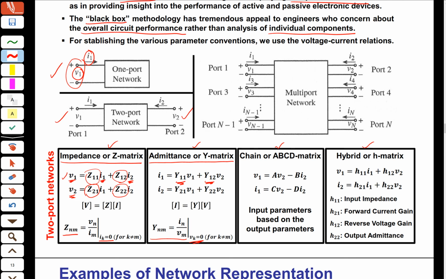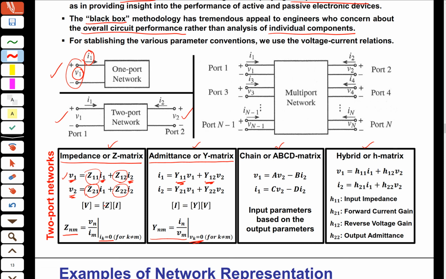And we have these different representations because they are useful in different situations. We will see this. In one situation, for example, the Z matrix is more comfortable, or the ABCD matrix, or the H matrix, or the Y matrix. And then we define based on this.